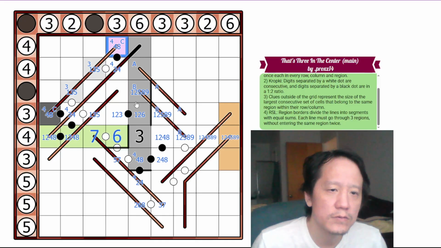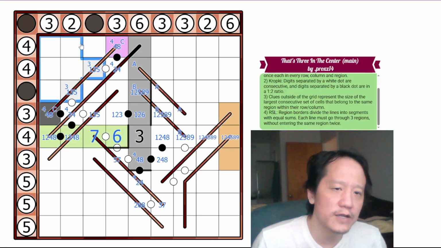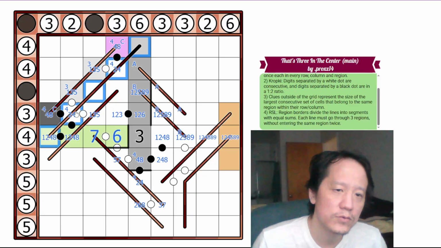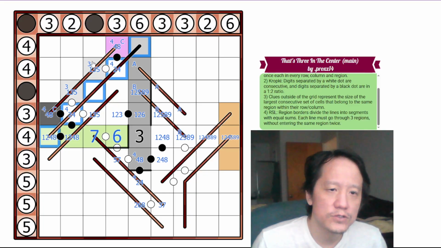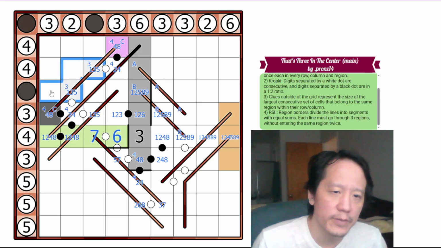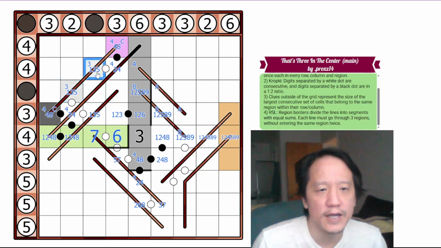Interesting. So, can this light gray region ever not be part of this line? And the answer to that is no. Because if we try to not be part of that line, it's only 8 cells wide. So this light must be part of this region here.